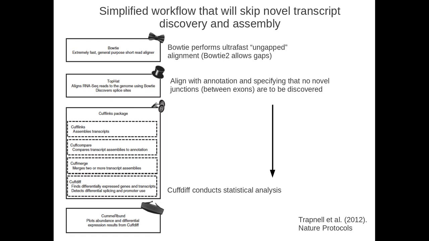So this is just one example of an alternate workflow. I will refer you to the Trapnell et al. 2012 Nature Protocols paper. That really is a paper worth going through carefully, particularly as you're considering other potential experimental designs and ways of analyzing the data.